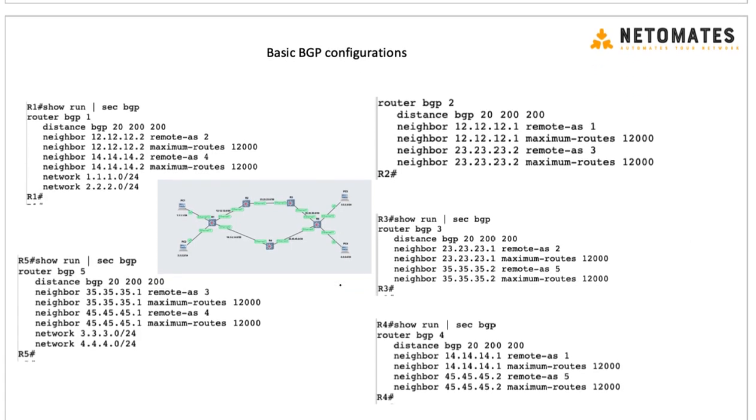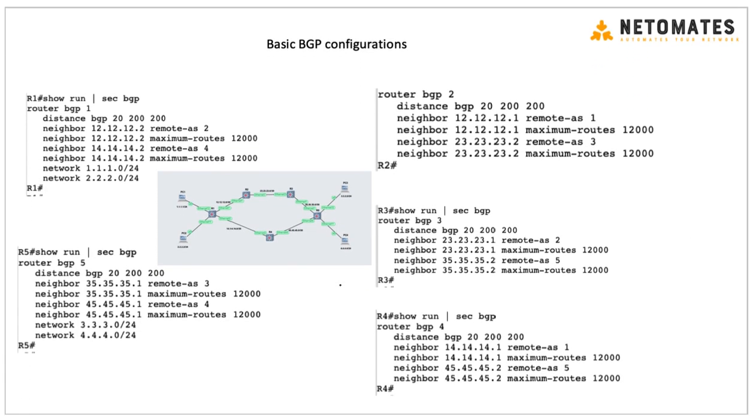So let's see all the configurations on all the routers. R1 we reviewed. Similarly, we do it on the R5 side. We applied this distance command to correct the AD value on this router. So router BGP 5, because R5's AS number is 5 in this topology. Then it has 2 neighbors, one to R3 and one to R4.